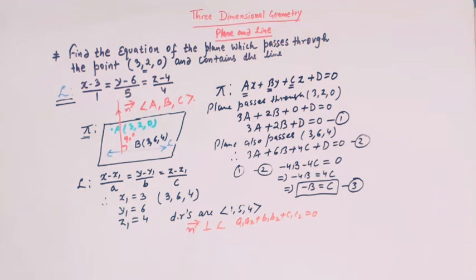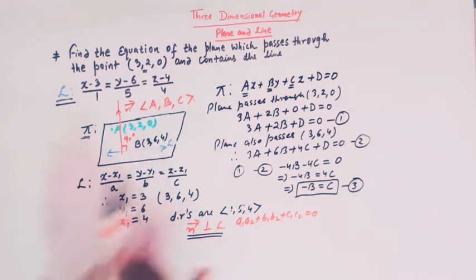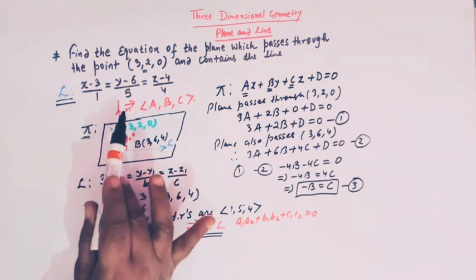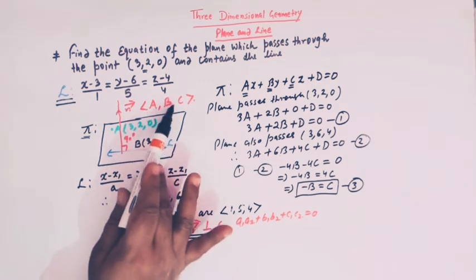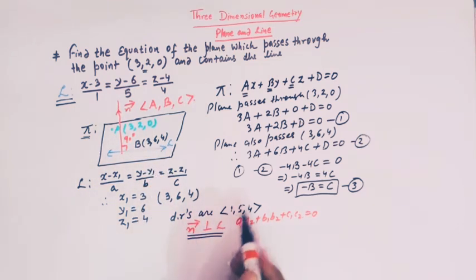Okay, now let us apply this condition of perpendicular to the plane, to the normal and this line L, right? So the DRs of the normal are A, B and C, and the DRs of the line are 1, 5 and 4.